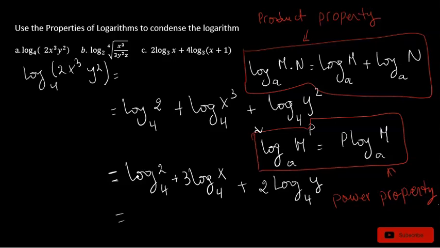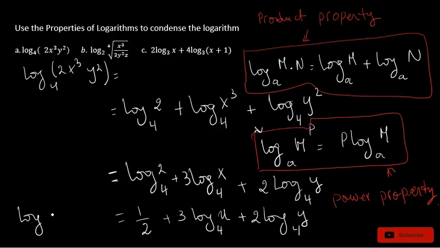This is equal to log base 4 of 2, which is 1.5, plus 3 log base 4 of x plus 2 log base 4 of y. This is the final result. This is cubed.